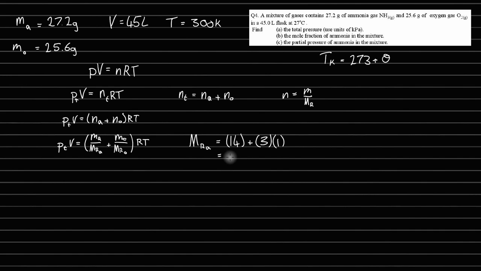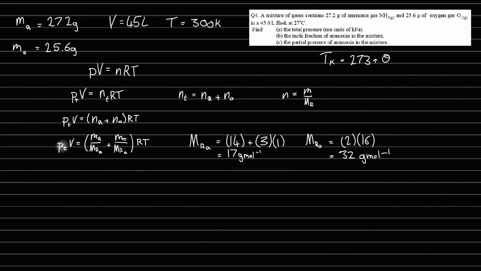And so that comes out to be 17 units of molar mass, grams per mole. And similar procedure for oxygen, we could say that the molar mass of oxygen is equal to, in this case, 2 lots of 16, the atomic mass of a single oxygen atom. And that comes out to be 32, again, grams per mole.